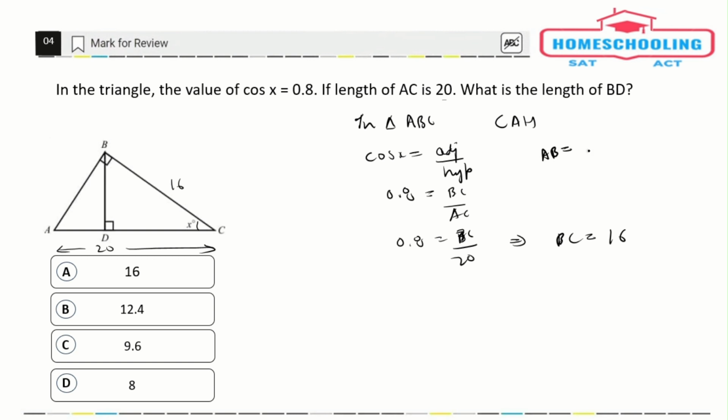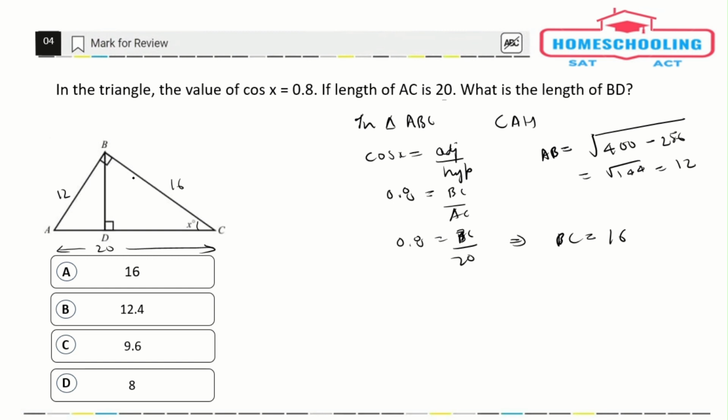AB would be under root hypotenuse square, that would be AC square, 20 square, that would be 400, minus BC square, that would be 16 square, which is 256. So it would be 144, so it would be 12. Hence AB is 12.